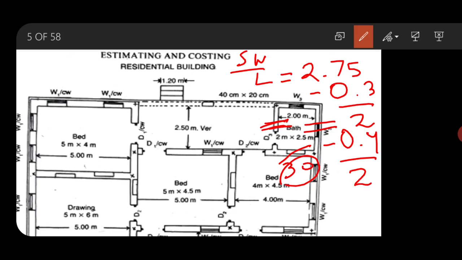Clear? From the center to center line length, subtract half of the width of the DPC for the 20 centimeter wall as it is connected to a 20 centimeter wall on one side, and subtract half of the width of the DPC of the 30 centimeter wall as it is connected on one side to a 30 centimeter wall.